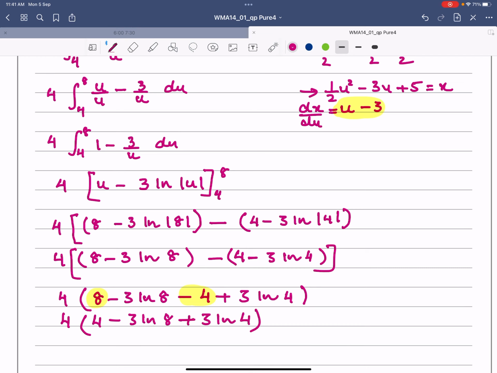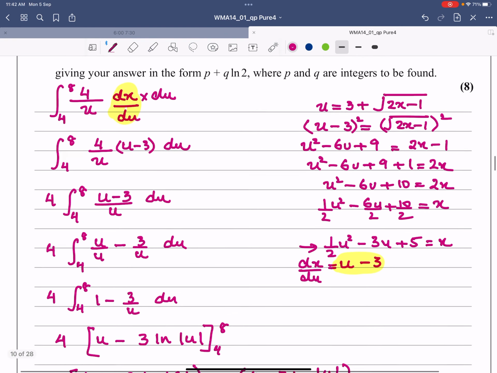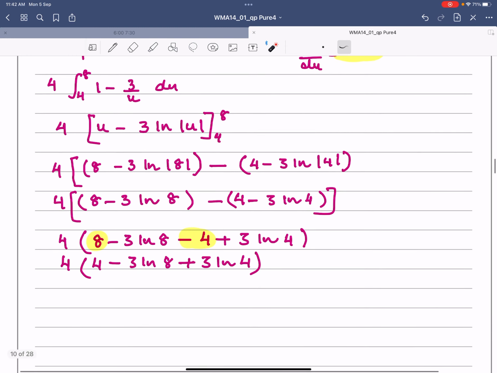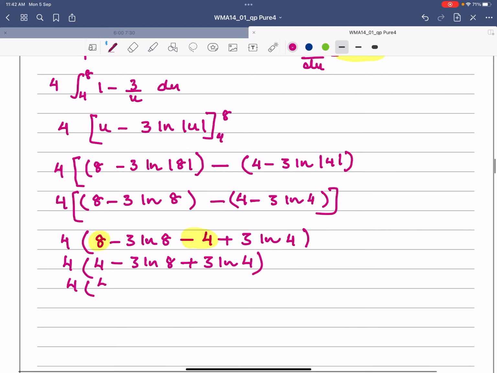Now, if we remember when we were reading the question in the first place, we were told that we need to have the answer in the form of ln 2. So we just need to rewrite 8 as 2 cubed and 4 as 2 squared. 4 into 4 minus 3 ln 2 cubed plus 3 ln 2 squared.